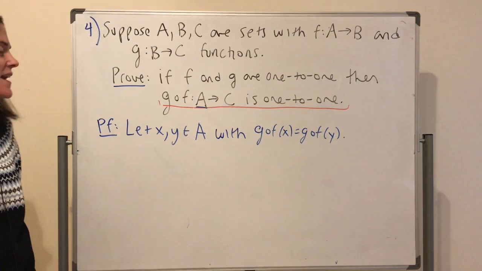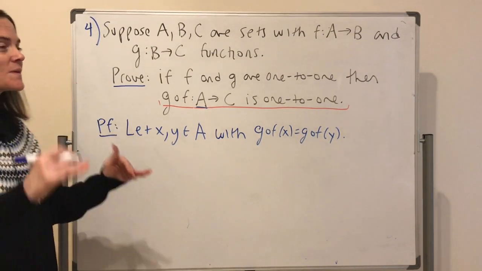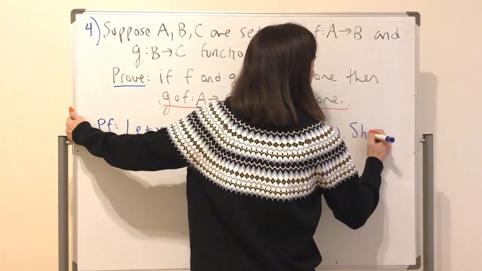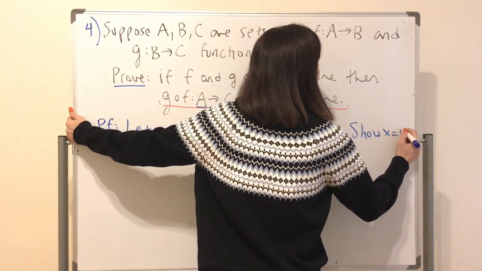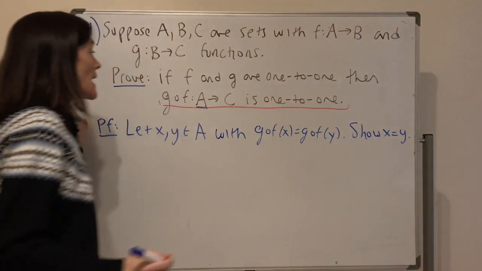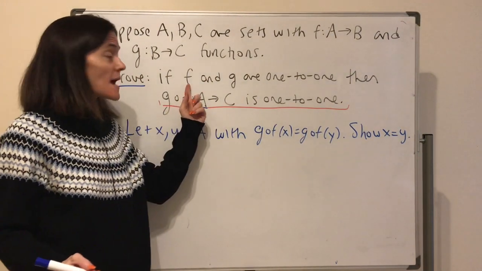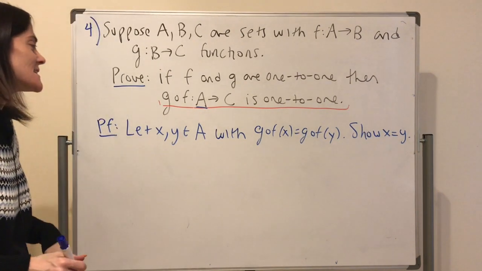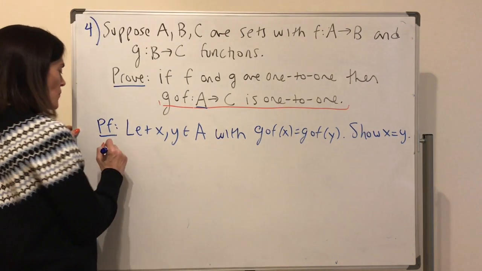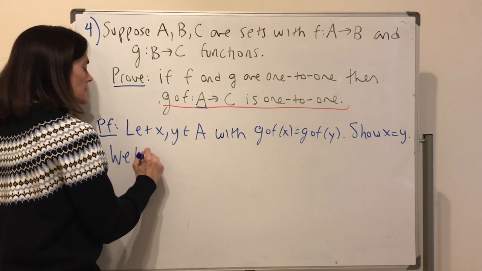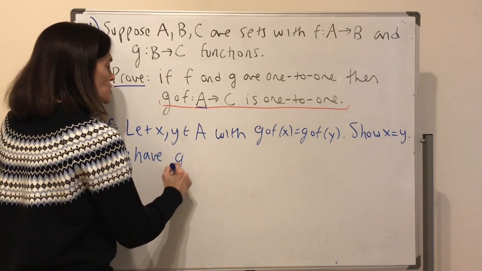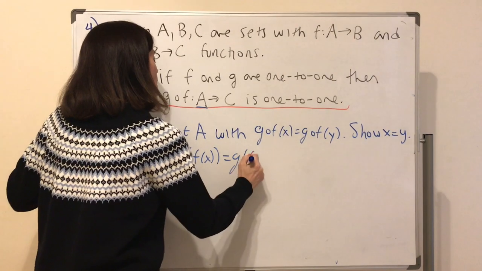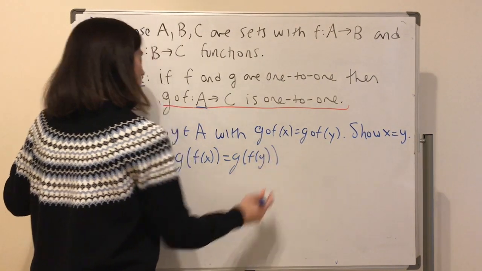G compose F of X equals G compose F of Y, and then we want to show, in fact, that X equals Y. Okay, and of course, we will use that both F and G are one-to-one. These are our hypotheses. So we have G of F of X equals G of F of Y.